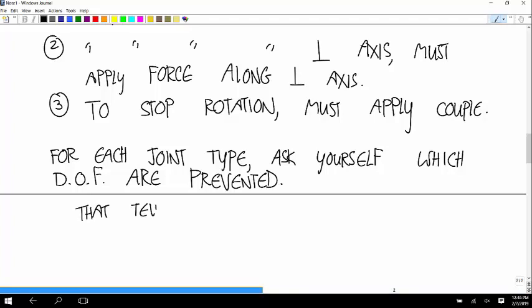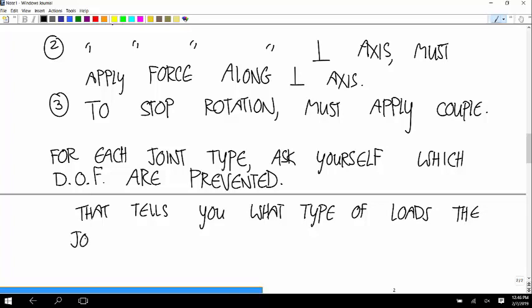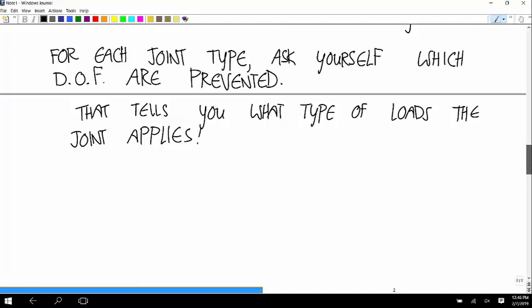That tells you what type of load or loads the joint applies. Okay, let's just go through a list of the ones that we're going to see a lot, and we'll sort of think through it together.